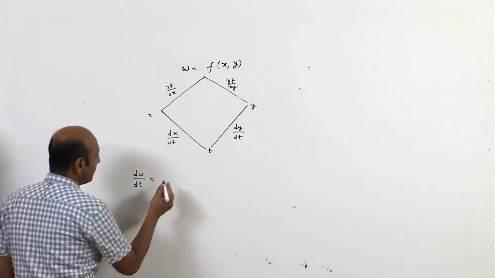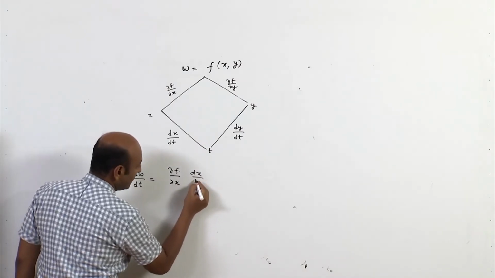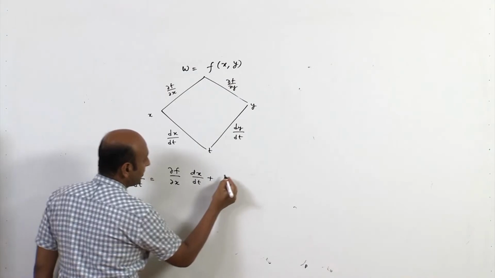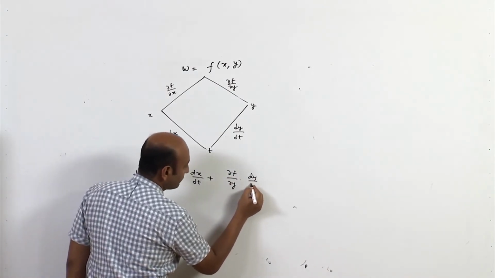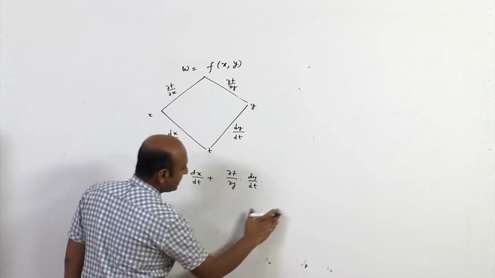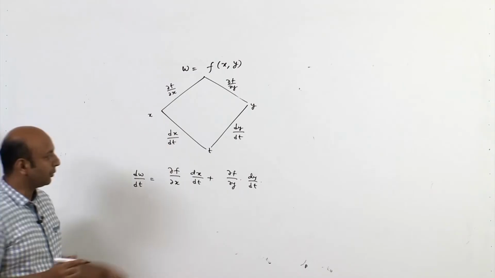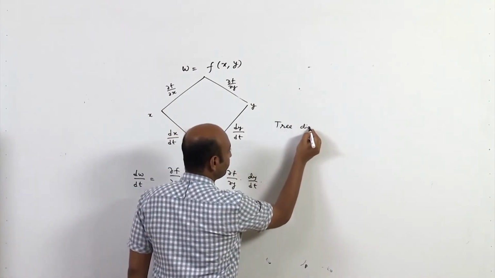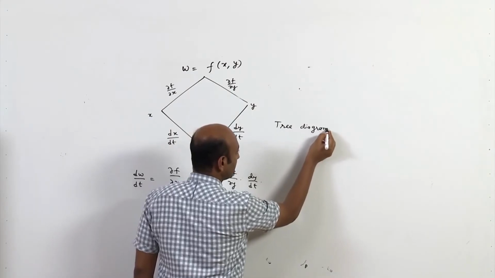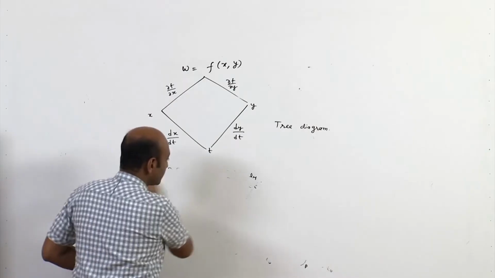So, simply this will be del f by del x into dx by dt plus del f by del y into dy by dt. So, this is how we can easily remember the chain rule. This is called the tree diagram. So, now let us solve some problems based on this.